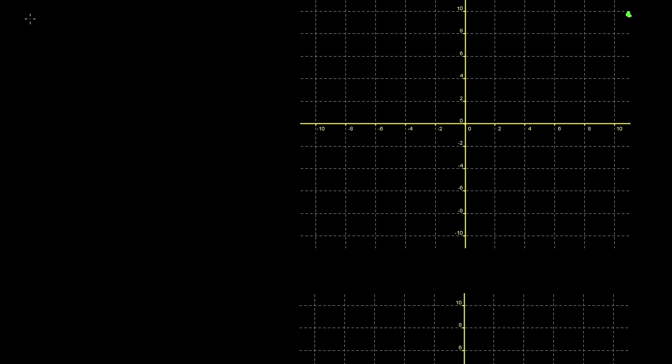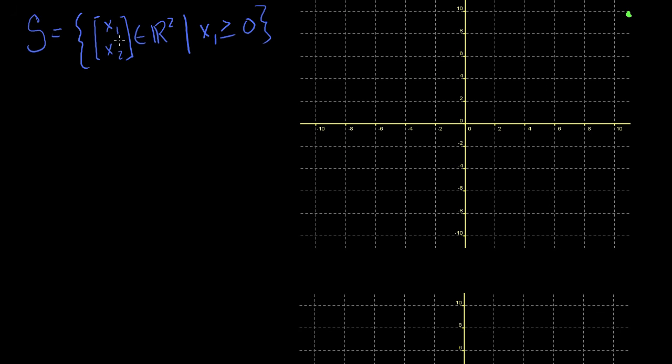Let me call my set S, and it equals all the vectors x1, x2 that are a member of R2, such that, I'm going to make a little constraint here, x1 is greater than or equal to 0. So it contains all of the vectors in R2 that are at least 0 or greater for the first term. So if we were to graph that here, what do you get? We can get anything.